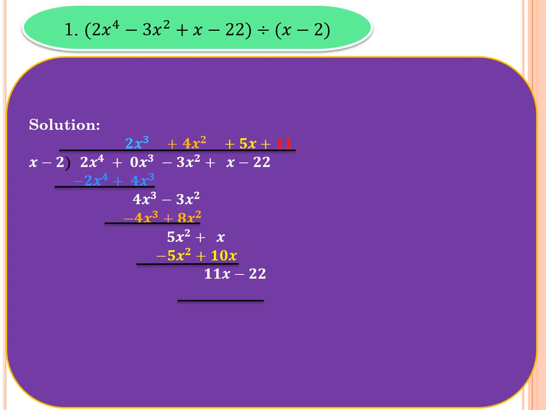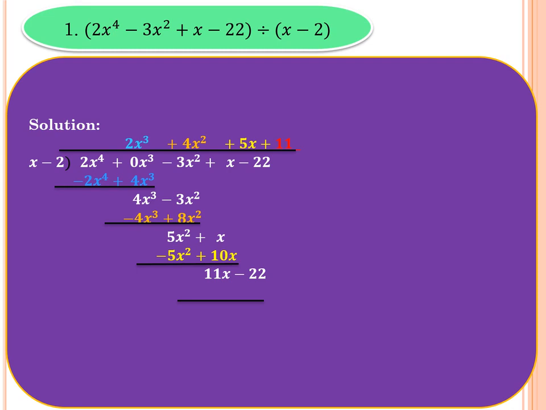So, we actually just bring down what remains from the dividend above. So, 11x would be the first term of our new dividend. So, 11x divided by x. The x just cancels. So, we'll have 11. Now, 11 times x, because we multiply again, we'll have 11x.